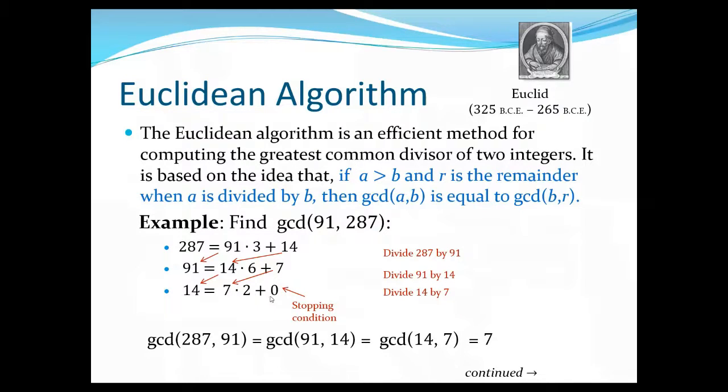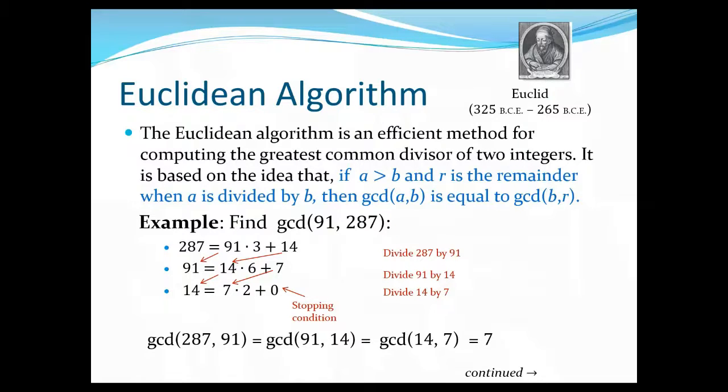If the excess or the remainder is equal to 0, we stop the division algorithm and we get the last divisor, which is 7, and that will be your GCD.